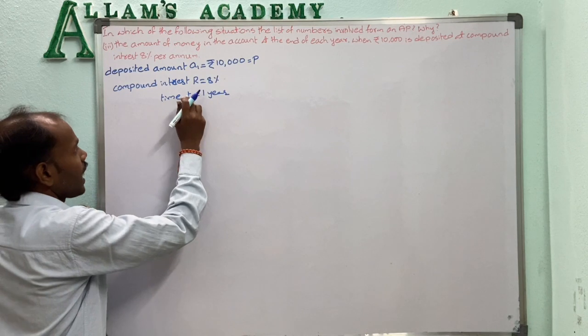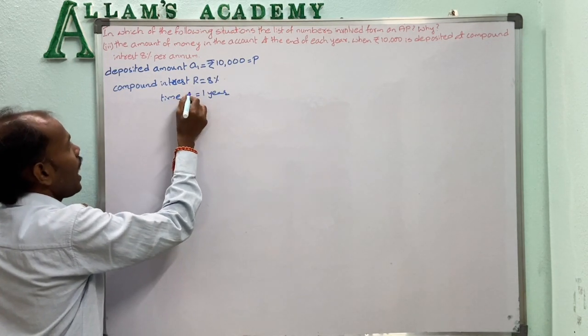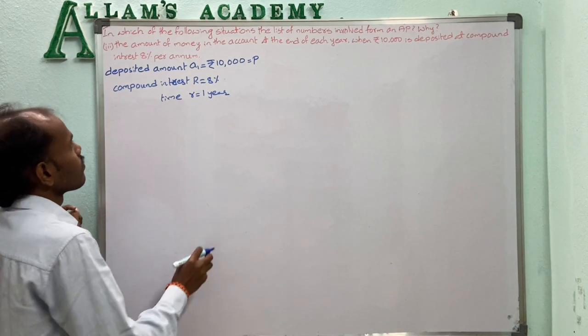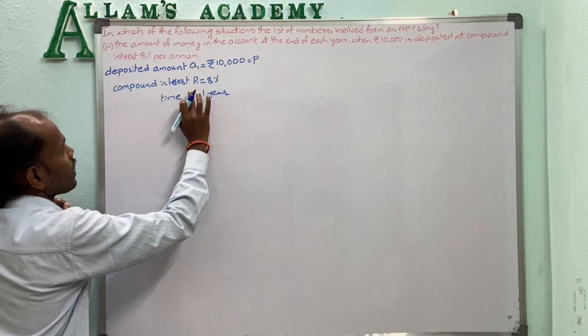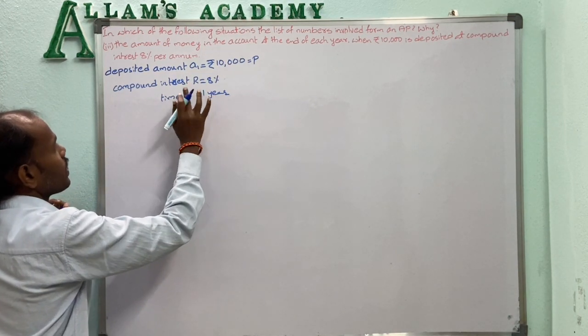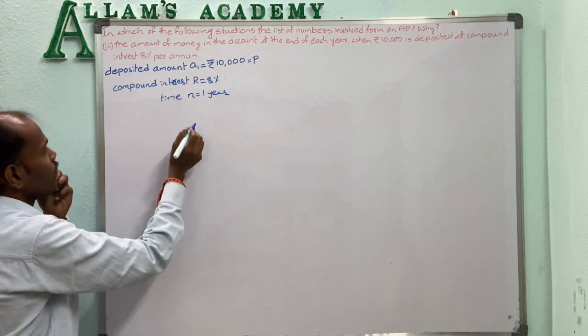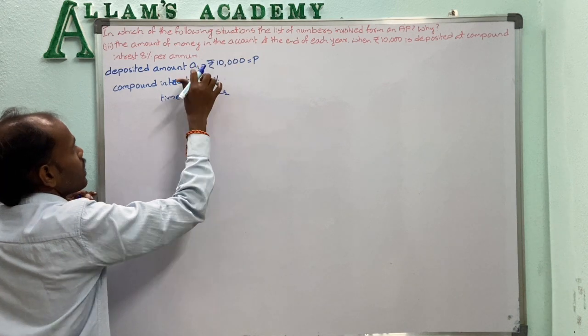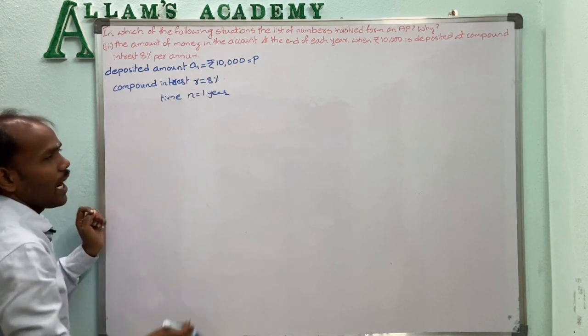Now here the time will be taken as n, so n value we will take it. The interest rate will be indicated with small r. Why?